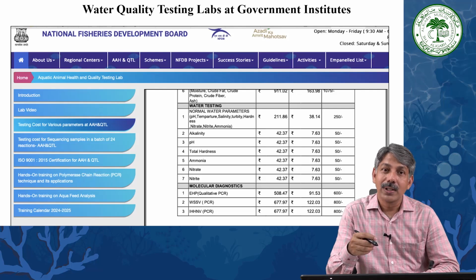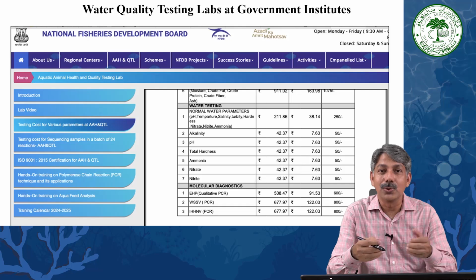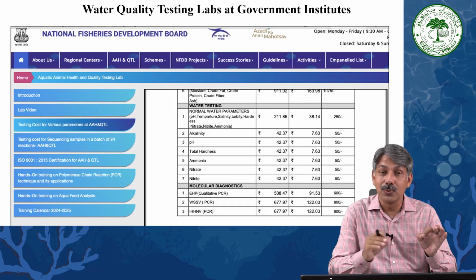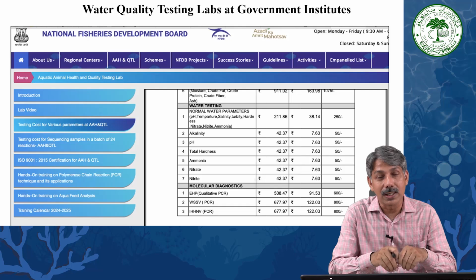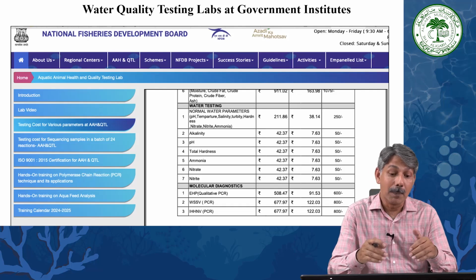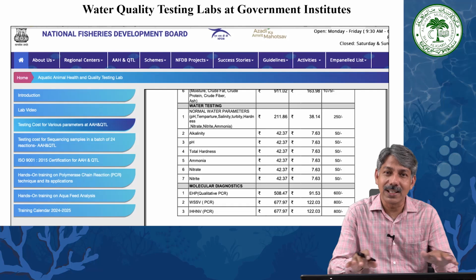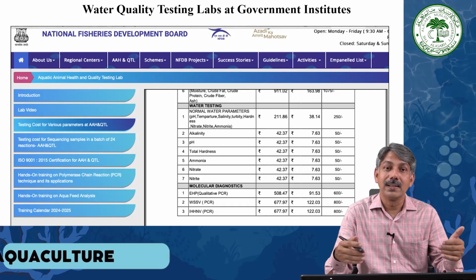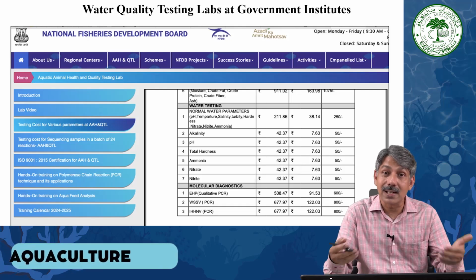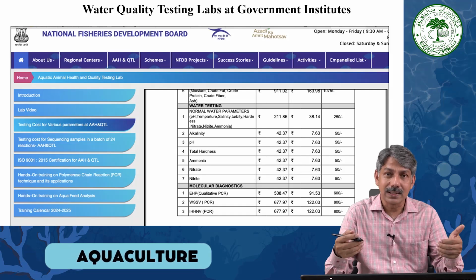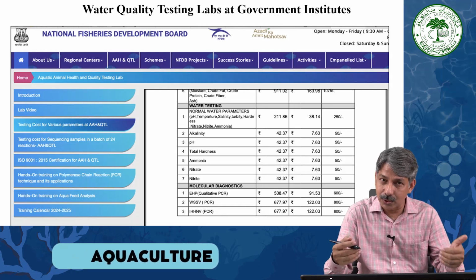What you should know is how to utilize the information on those water quality parameters, how to utilize the data which you may be having on these parameters in order to manage your aquaculture farm very effectively in a very scientific manner, so that the economic viability and the sustainability of aquaculture practice can be ensured. That is the thing that we are focusing on here.